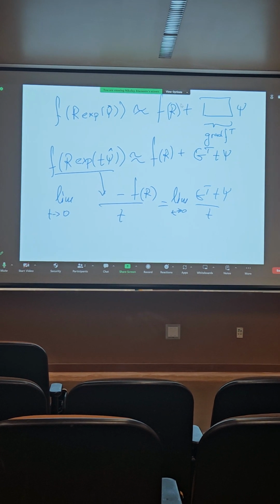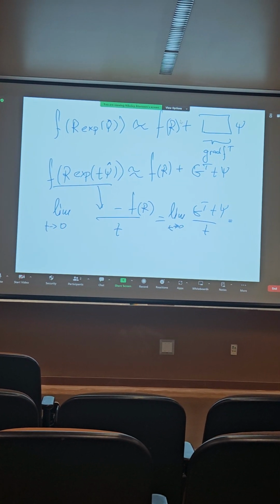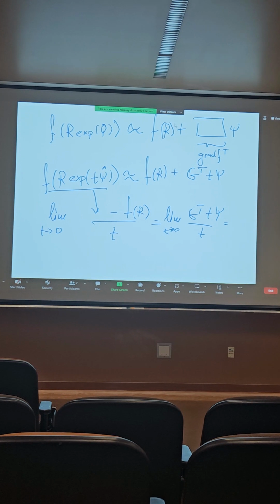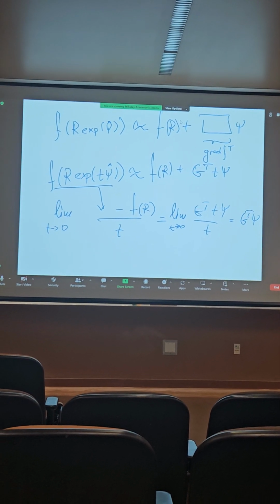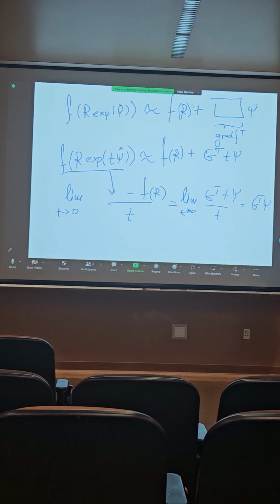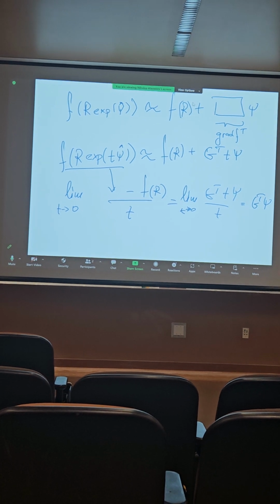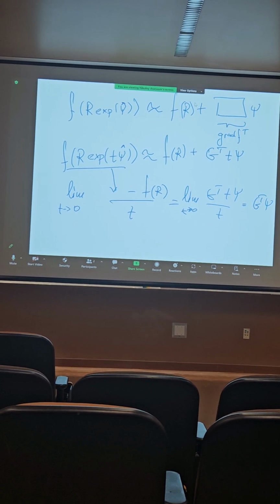No, this should have been. Yeah, this is the directional derivative in the direction of psi. So the overall gradient is just g transpose. Yeah, but this will give us g transpose psi. But this is the directional derivative in the direction of psi. So this is the gradient. Anyways, yeah. So the term that's linear in psi is the gradient transpose.